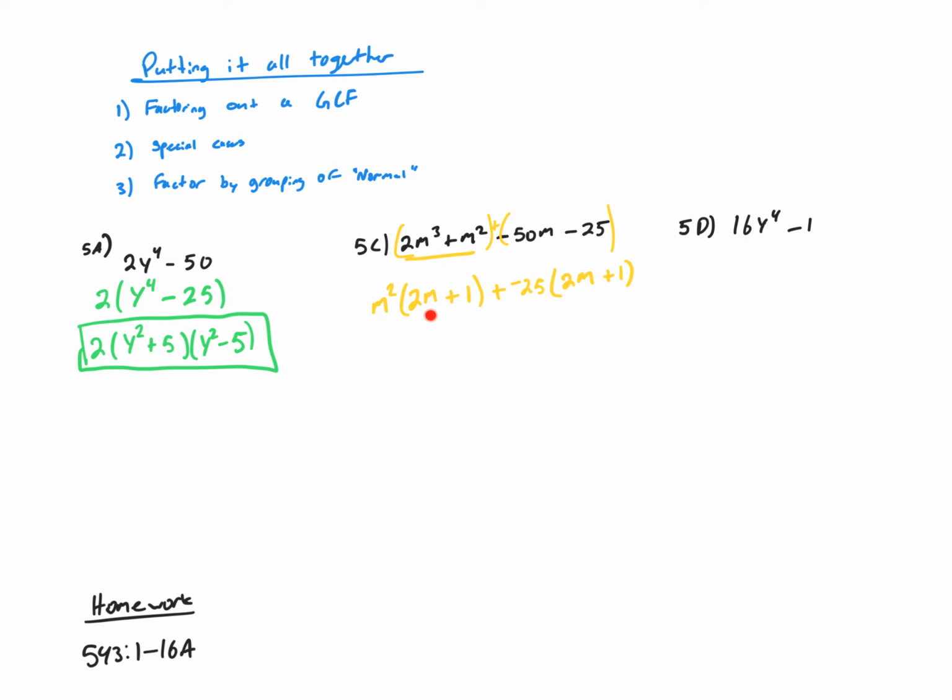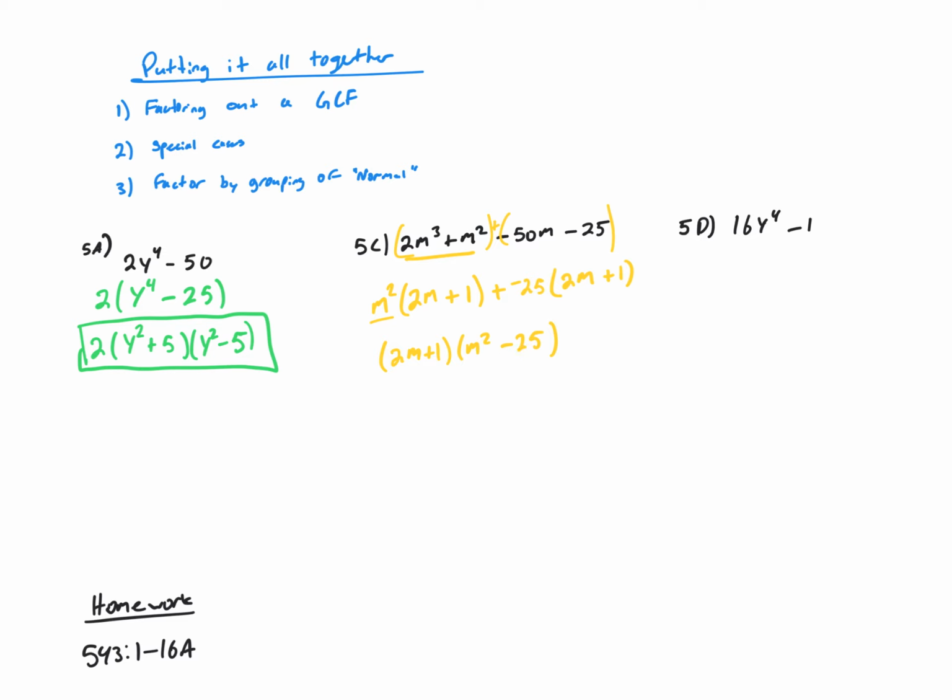Now I'm looking, this and this match exactly, so I'm going to factor that out. So I'm going to have the 2m plus 1. What's left over is that m squared and then minus the 25. And I think I'm done, except I've noticed that this is a perfect square, kind of like we had here.